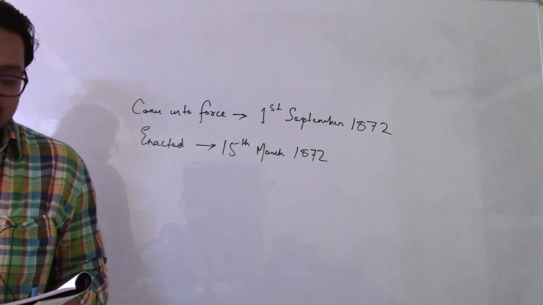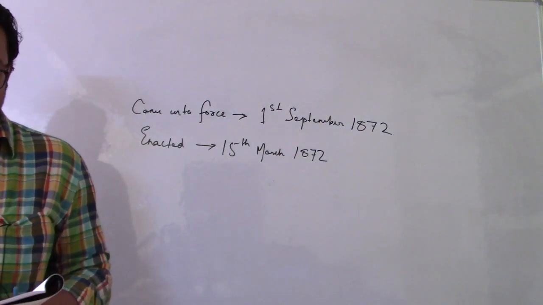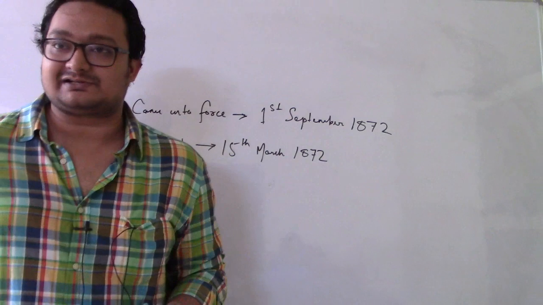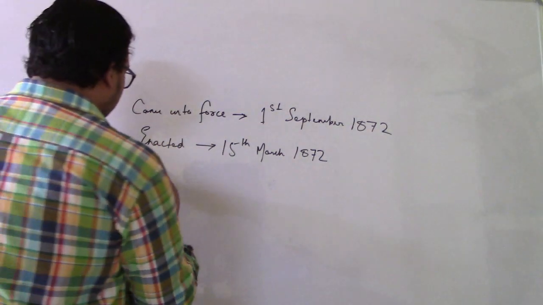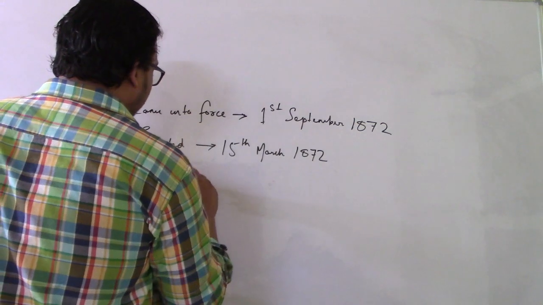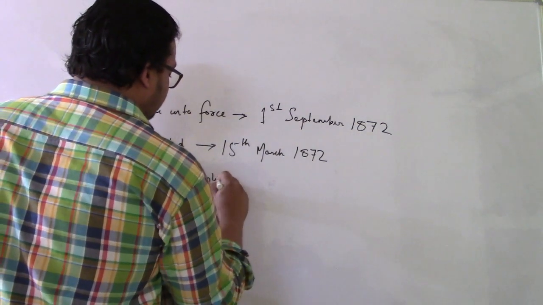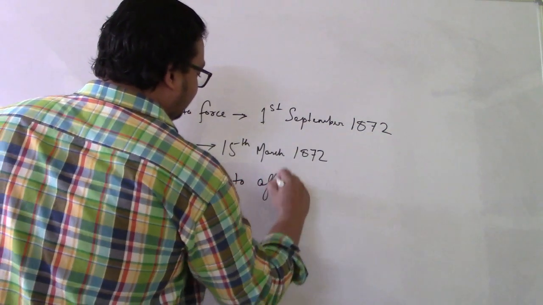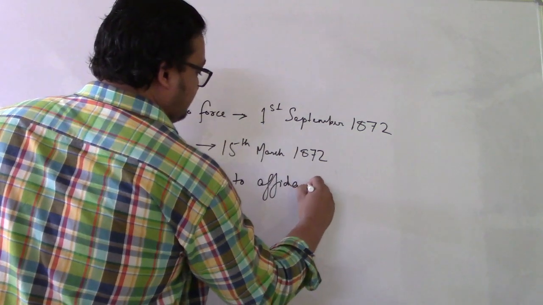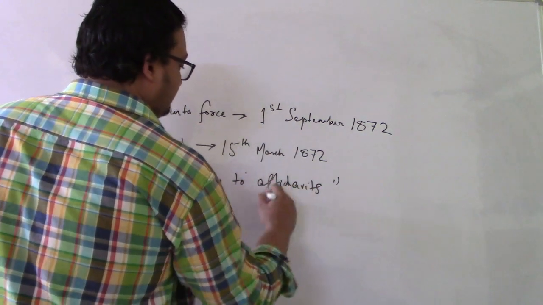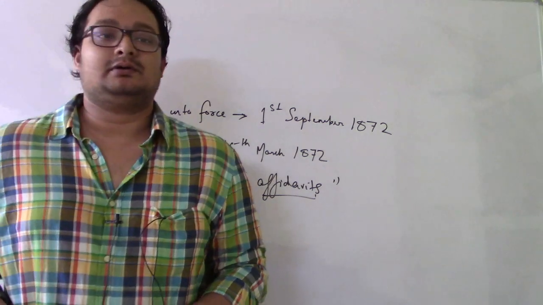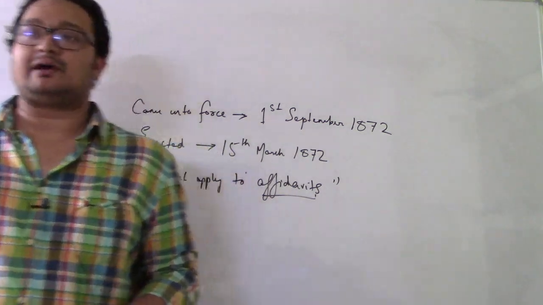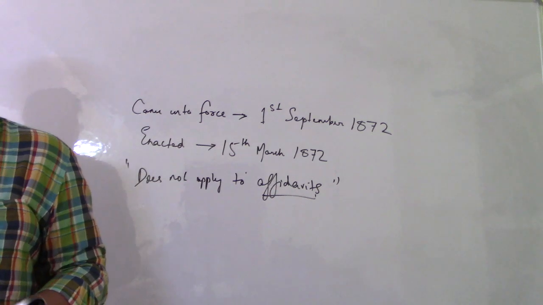But the ending part of this provision is important: but not to affidavits presented in any court. Does not apply to affidavits. Can you tell me why? Why does this law not apply to affidavits? What is an affidavit?